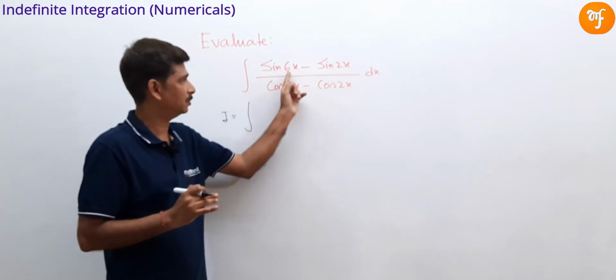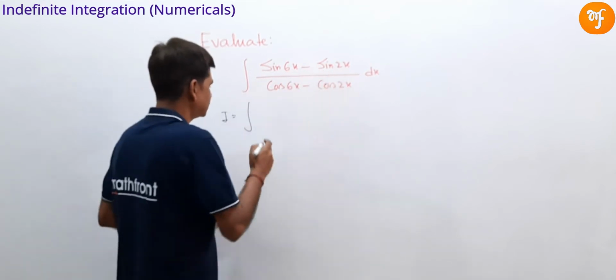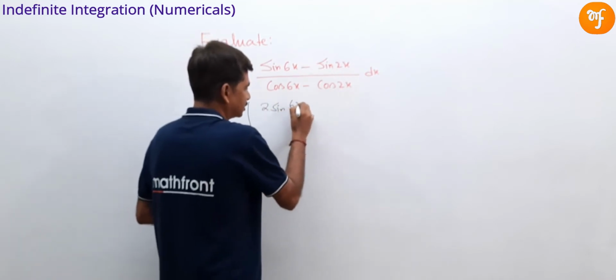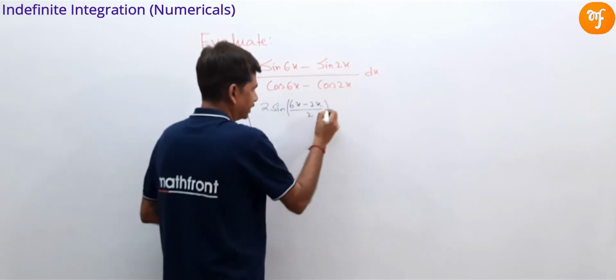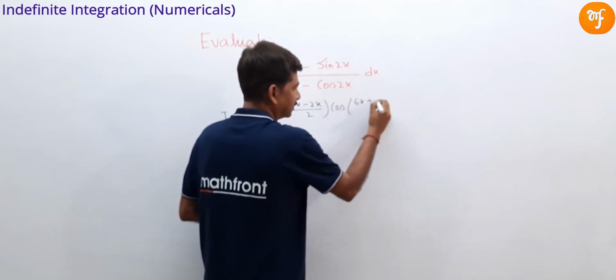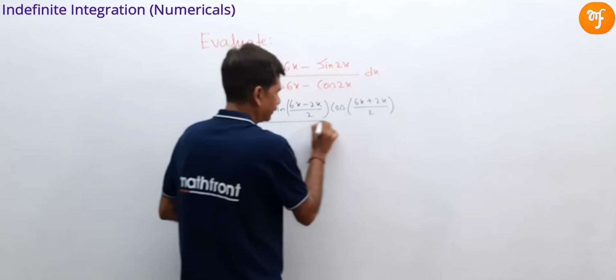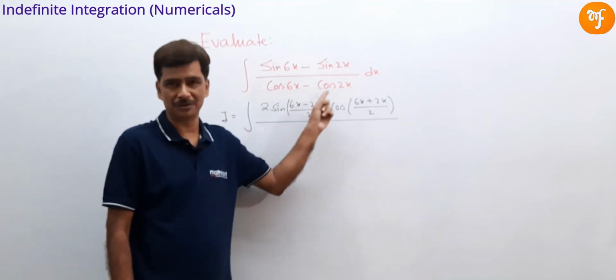So here c will be considered as 6x and d will be considered as 2x. So this is the integration of 2 sin of (c minus d) divided by 2 into cos of (c plus d) divided by 2. And at the denominator, we will apply cos c minus cos d again.